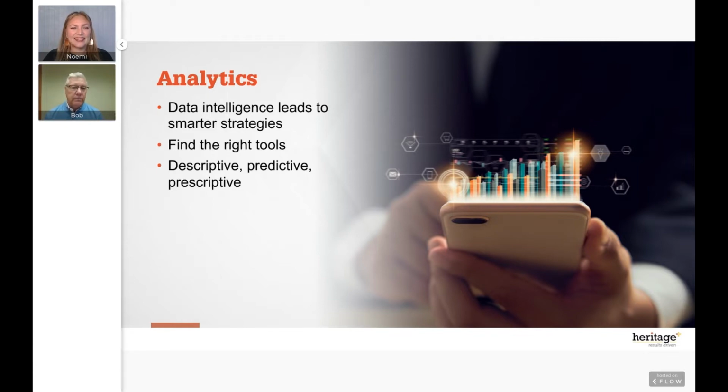Right. We want to find the right tools, right? We want to make sure that we have the right tools that will allow you to look at the data in different ways that will help you set the strategies during your planning process. And there's so many tools available nowadays, from a marketing standpoint, to really understand what's happening with your campaign.